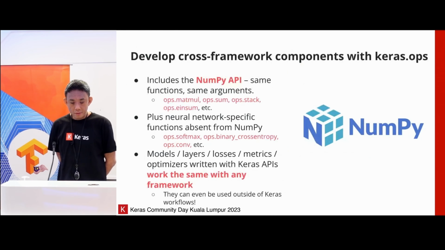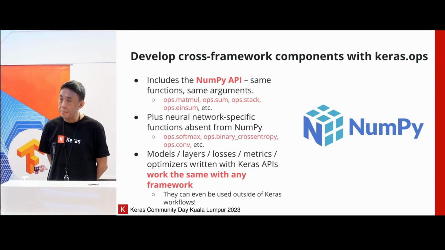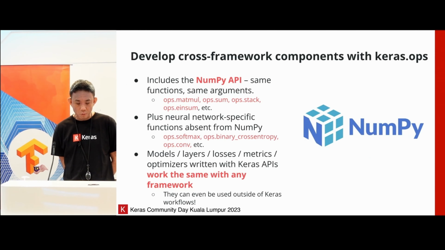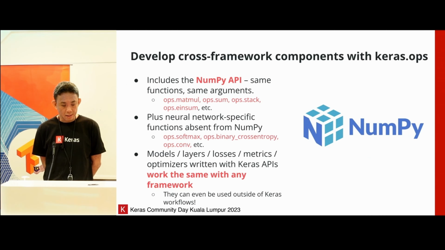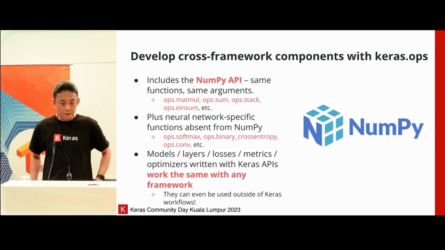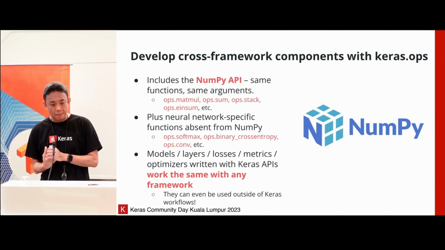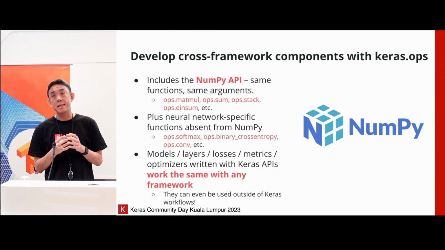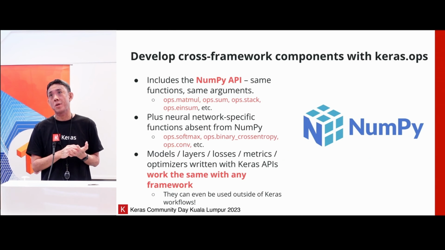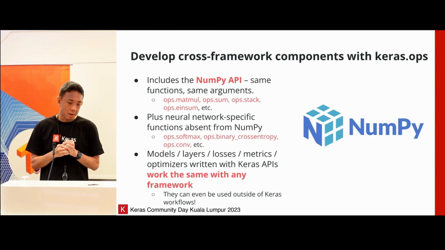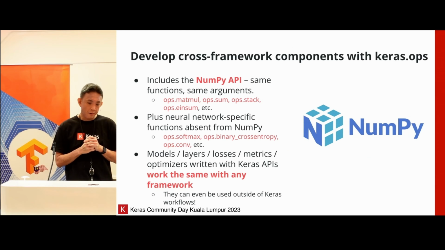So with keras.ops, you have a cross-framework component that has been developed. This keras.ops now includes the NumPy API, so you can use the same function arguments. As we know, NumPy is one of the most commonly used frameworks out there.